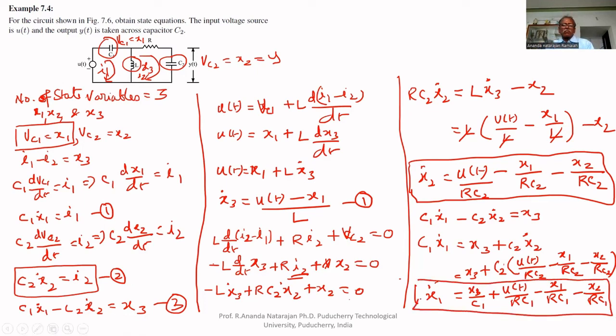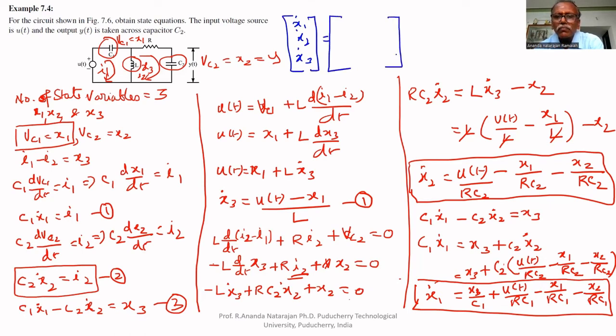Now we can put all together in matrix form. We got x1 dot, x2 dot, x3 dot, all equations together in matrix form, equal to the matrix times x1, x2, x3 plus the matrix times u(t).